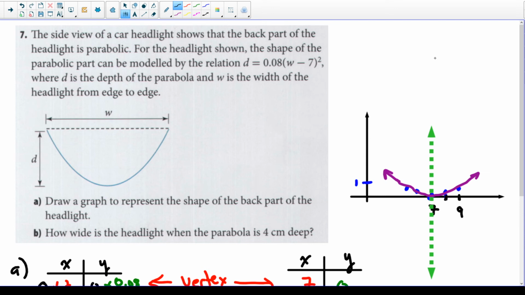But with parabolic mirrors, interesting things happen. I'm just going to explain it quickly. If you put a light source at what we call the focus or focal point of a parabolic mirror, every light beam coming off of that light source is going to leave parallel to each other.